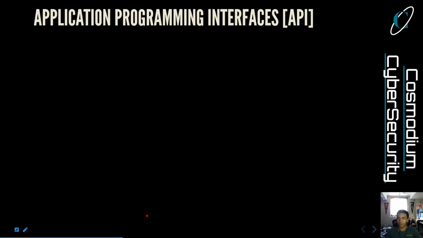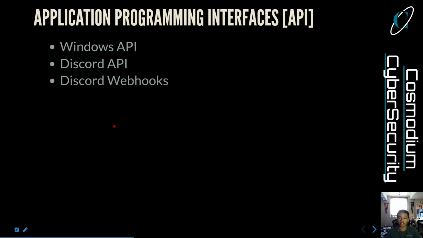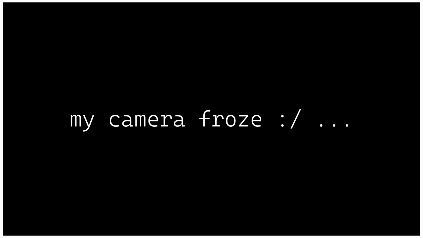So here are some APIs you can start looking at. API is an application programming interface, in case you didn't know. So things like the Windows API, as I was talking about earlier, even things like the Discord API and Discord webhooks, and other forms of webhooking as well, are all going to be valuable. Webhooks allow you to make a request to some sort of website or web server and automate some sort of action, right?